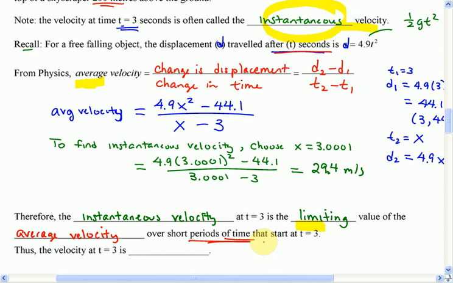So by doing these calculations, what is the instantaneous velocity when the coin has dropped from the skyscraper after 3 seconds? It's just 29.4 meters per second. That's pretty fast. That could probably put a big dent in your head.